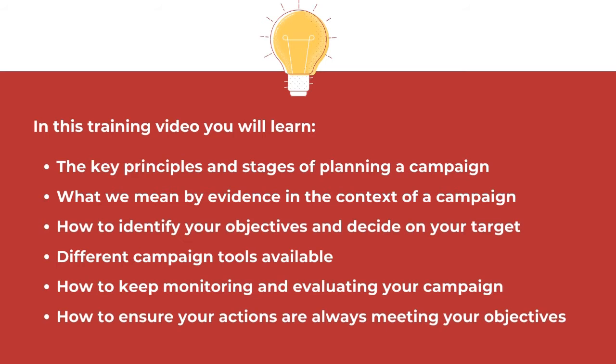This includes the key principles and stages of planning a campaign, understanding what we mean by evidence in the context of campaigning and why it's important, how to identify and devise campaign aims and objectives, how to decide on who you need to target with your campaign and tools you want to use as well as other key elements, and finally, how to keep monitoring and evaluating your campaign through the implementation process. Essentially, how to ensure that your actions are always meeting your specific goals and objectives.